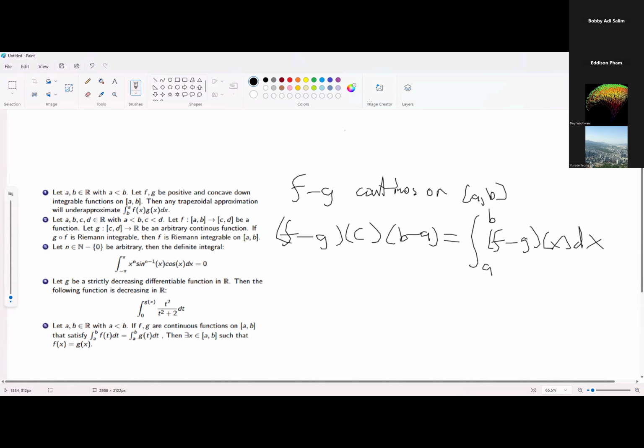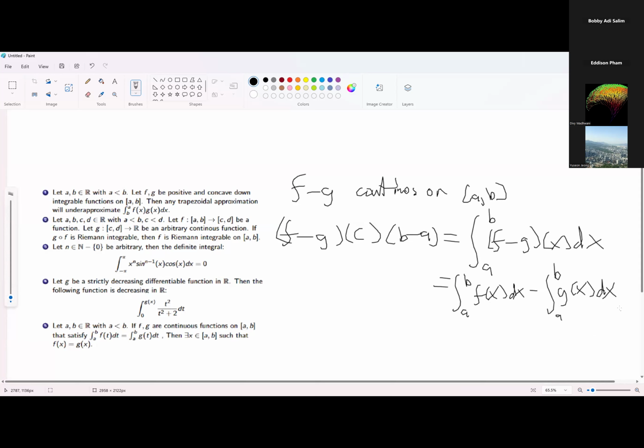And now we know that you can split this up into the integral of f at x dx minus the integral of g of x dx. Can anyone justify why we can split this integral? It's an integral property, but can anyone explain why?